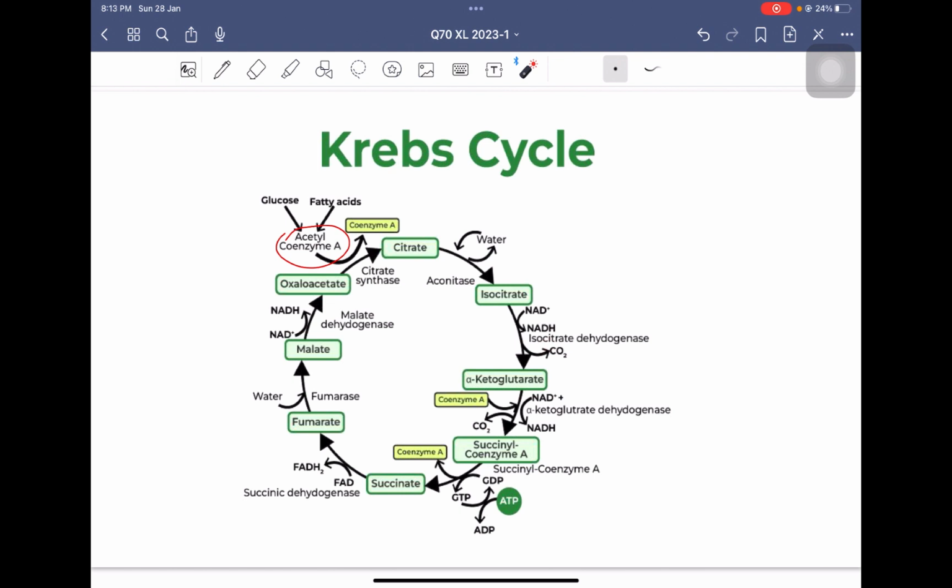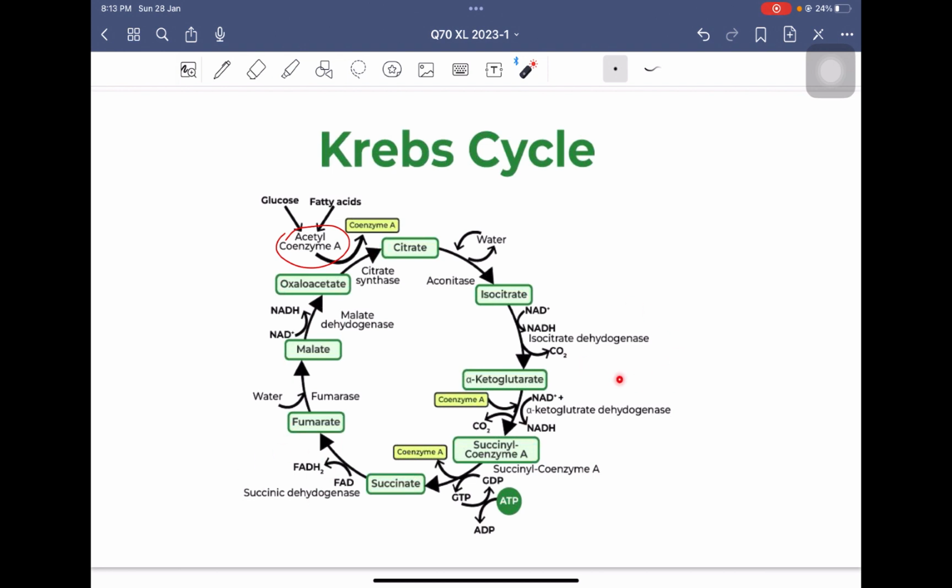Now alpha ketoglutarate will be converted to succinyl coenzyme A with the help of the enzyme alpha ketoglutarate dehydrogenase, and each time a dehydrogenation reaction occurs, NAD plus or FAD will be converted to NADH or FADH2.